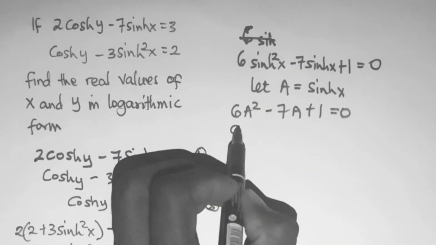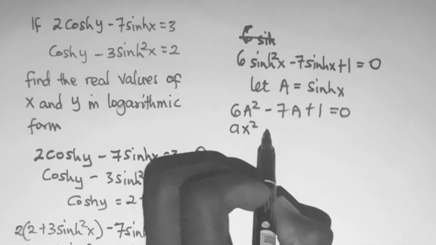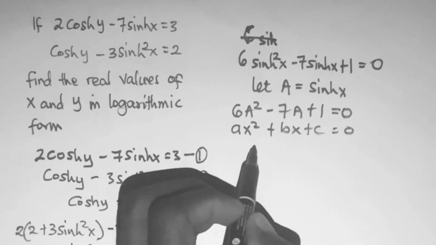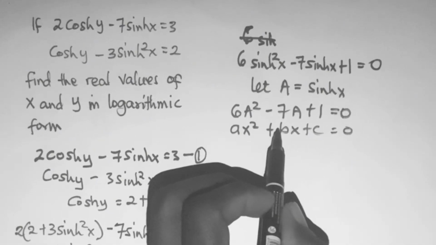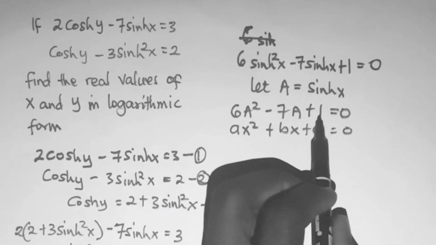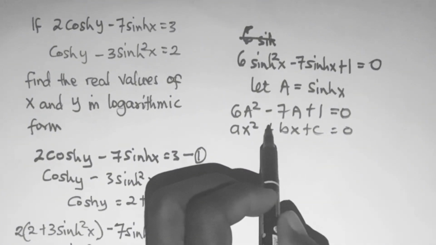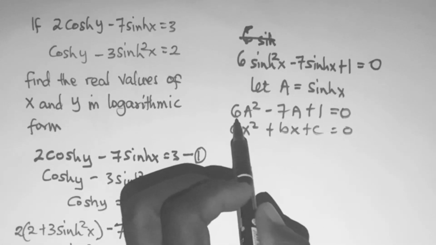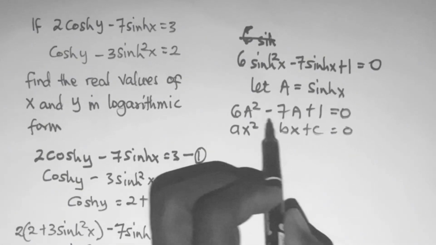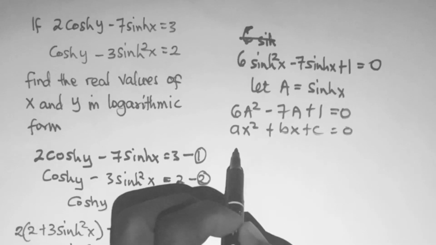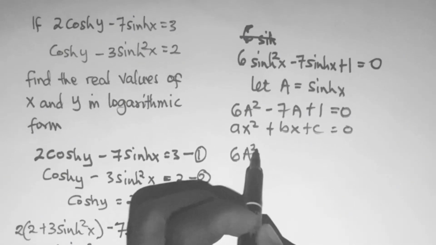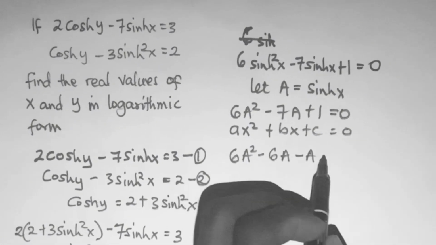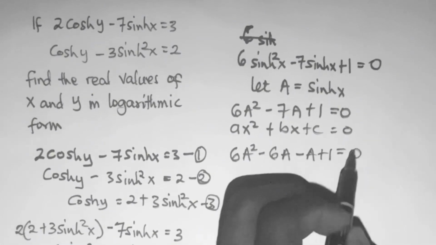You see that this equation is of the form ax squared plus bx plus c equals 0. Now see that 6 times 1 is 6. So we will look for two numbers that when you multiply you get 6, but when you add you get minus 7. Those two numbers are minus 6 and minus 1. So this becomes 6a squared minus 6a, then minus a plus 1 is equal to 0.